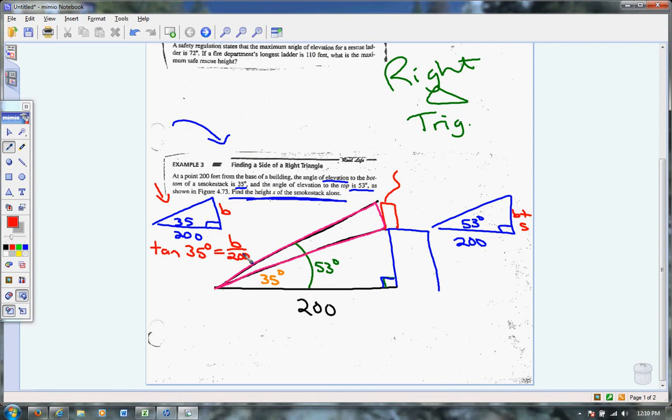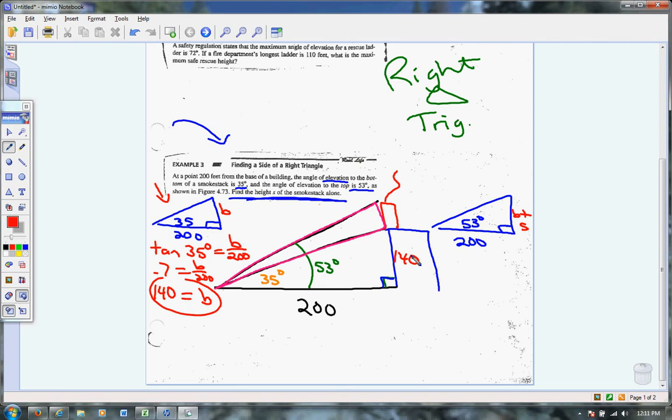So we turn to our calculator and we find out that the tangent of 35 degrees is 0.7. That equals B over 200. I multiply both sides by 200. And the height of the building is 140 feet. Okay? That's the height of the building. That is this right here, the height of the building.